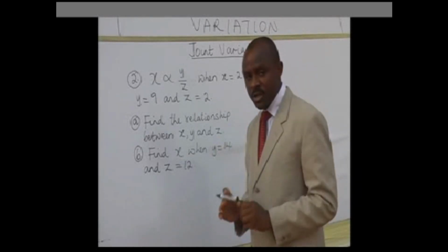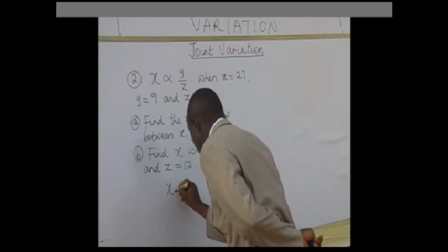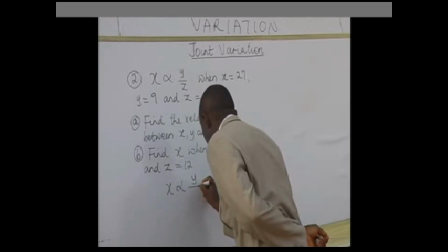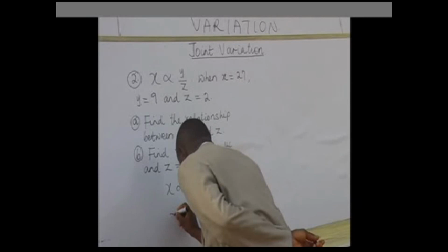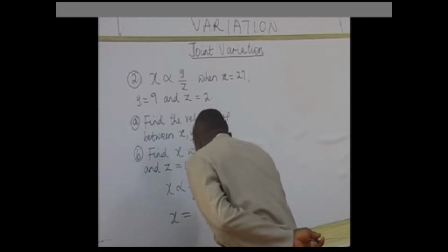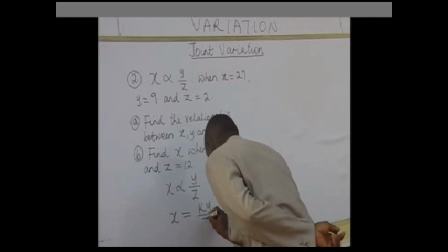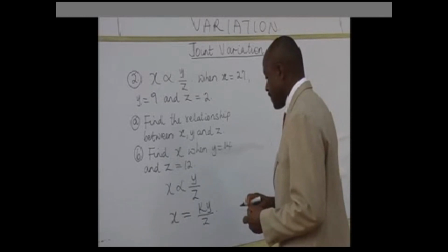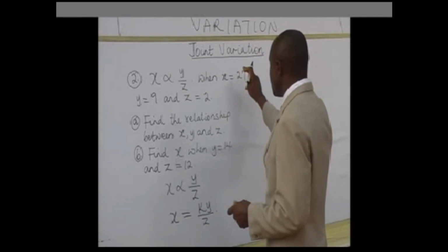It is a tradition. So bring down the variation. x varies jointly with y all over z. That means x is equal to ky all over z. That is how it is. Now the question says that x is 27.